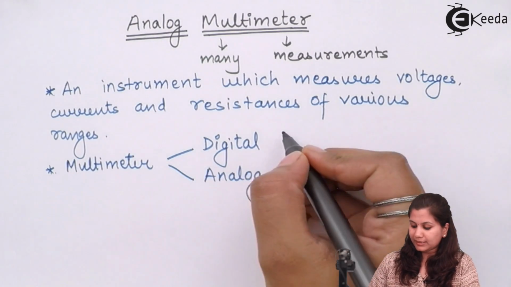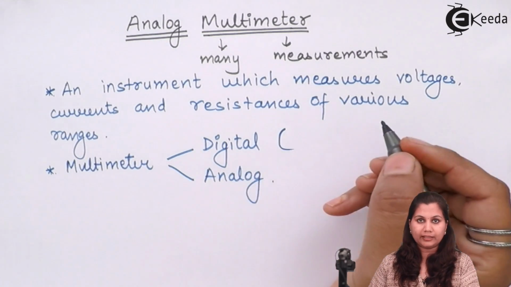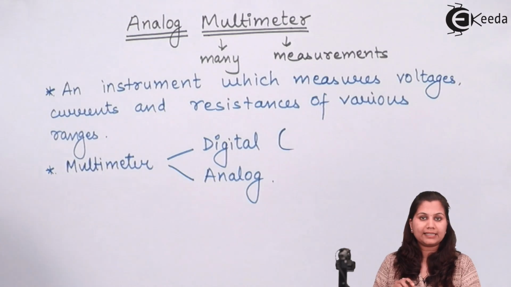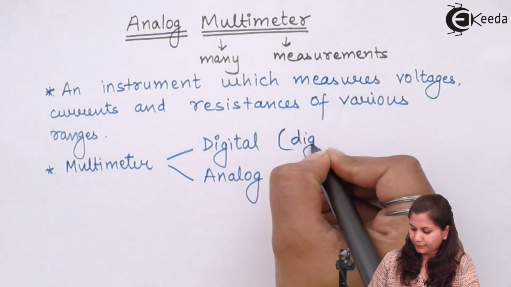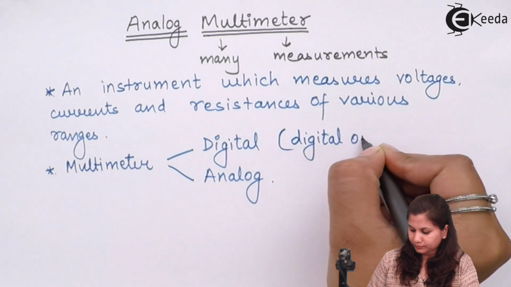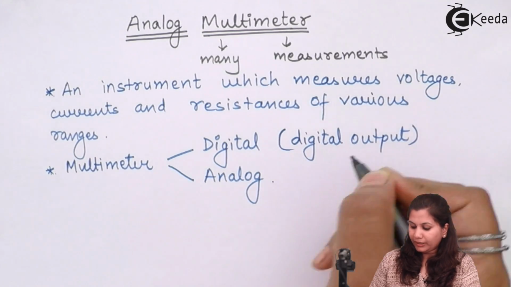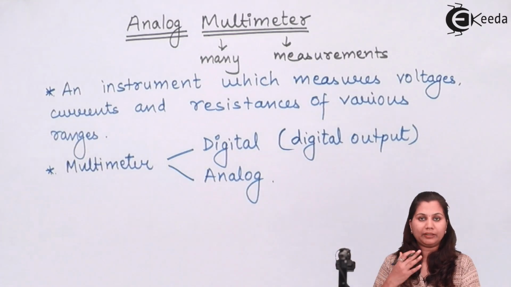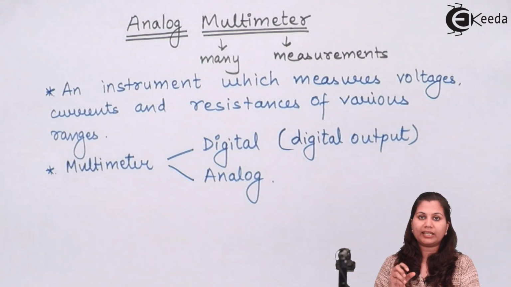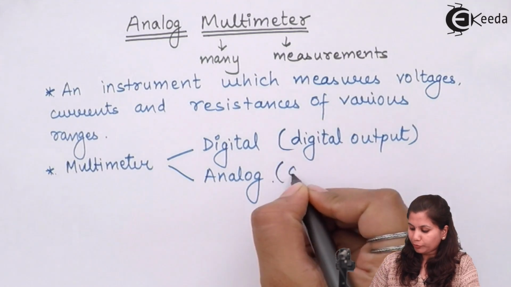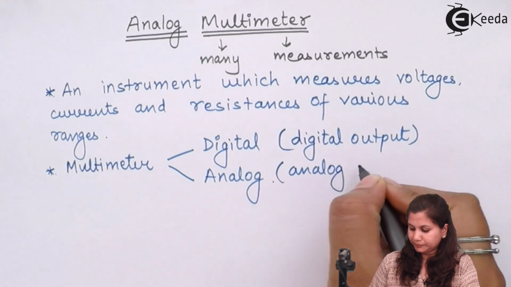Digital form means that we will have the digital reading over an LED or LCD. Whereas analog output means that we will have a pointer moving over a scale. On the scale we have divisions, and by reading that scale we can get the output of the instrument. So here the output is an analog output.